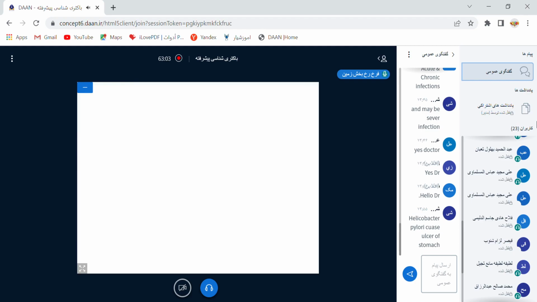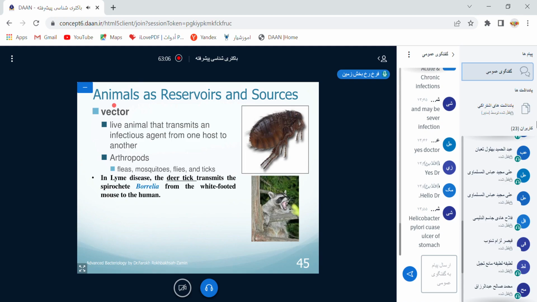In the previous page, I told you sometimes an insect or arthropod is present for transferring the infection from animal to human. This instrument of transfer, we call a vector.